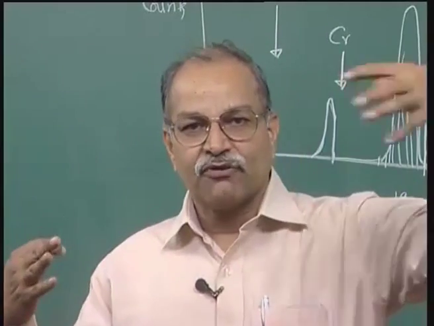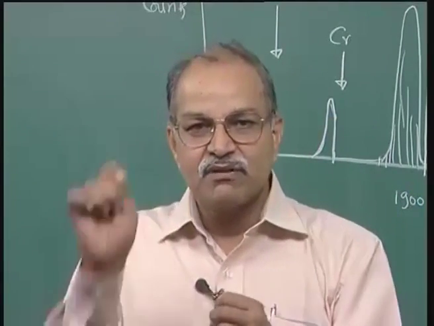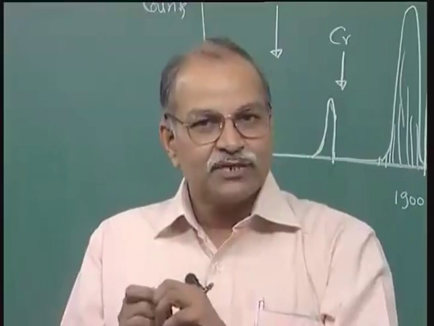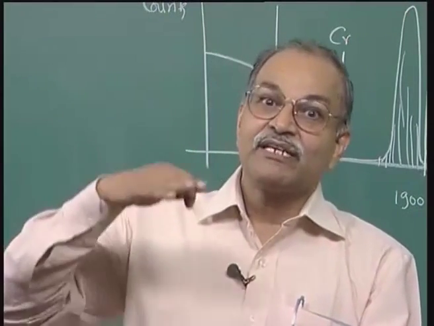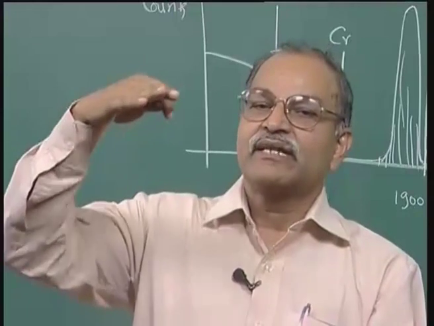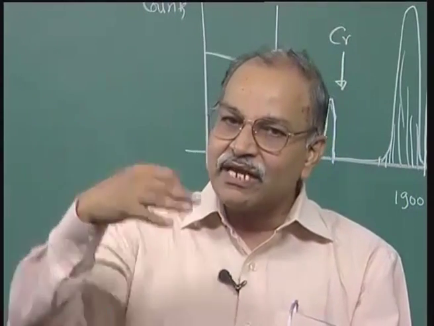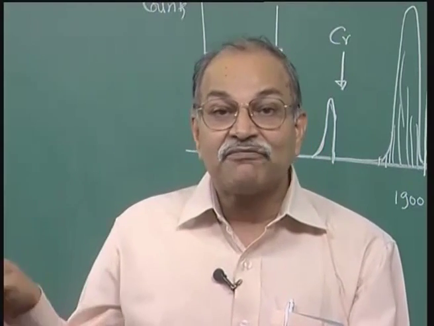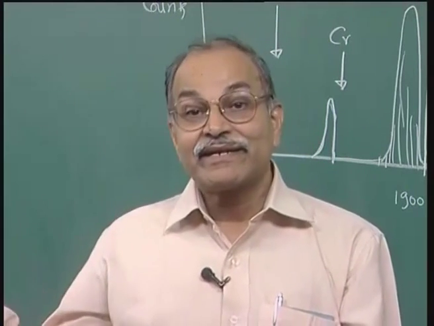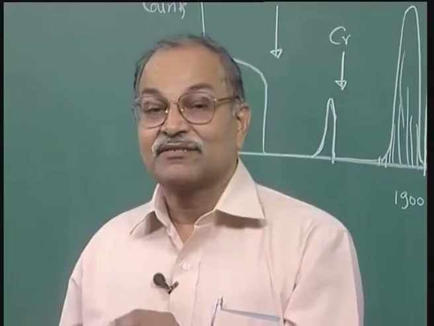When this neutron falls on this impurity nucleus and gets absorbed into it, a new isotope is created, and that will in general be in an excited state, and it will decay by emitting a gamma ray, and the energy of that gamma ray will be characteristic of that particular element.